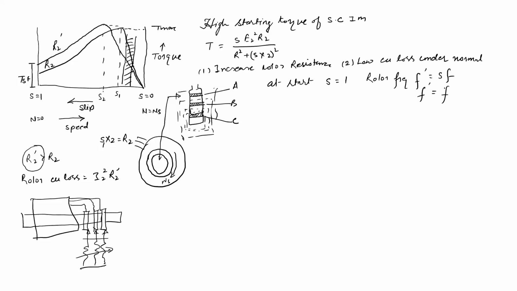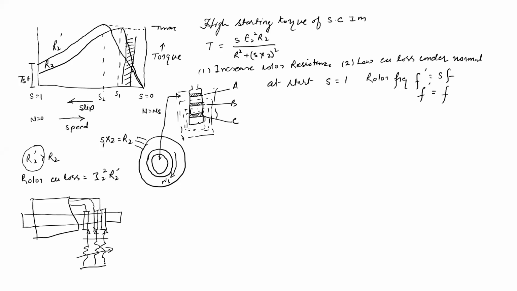So the rotor frequency is equal to the supply frequency. Under such condition, bar C will offer higher reactance, whereas strip A will offer lower reactance.